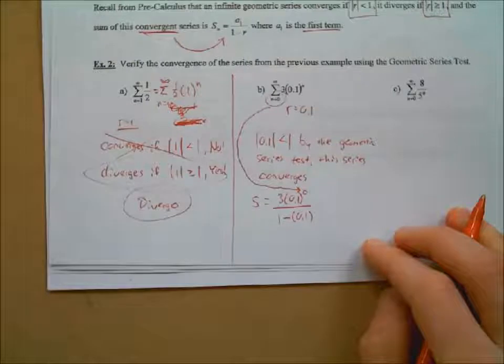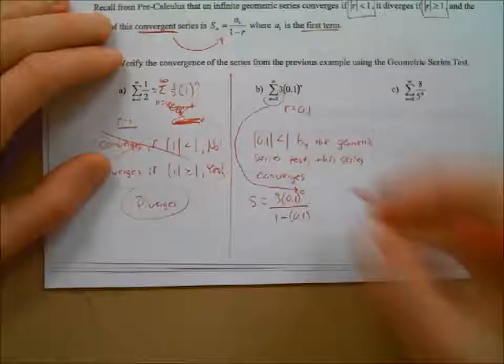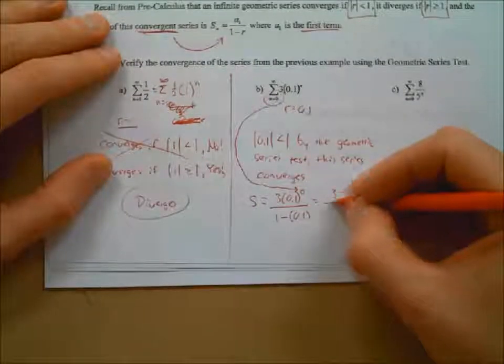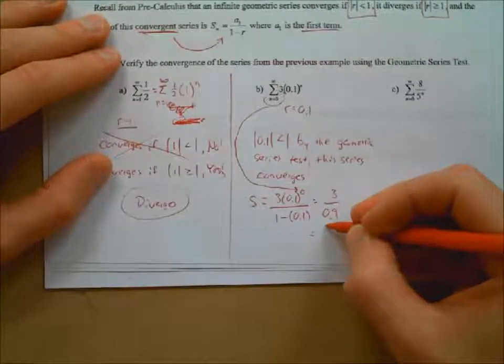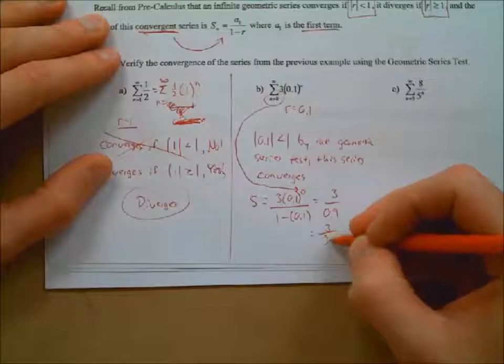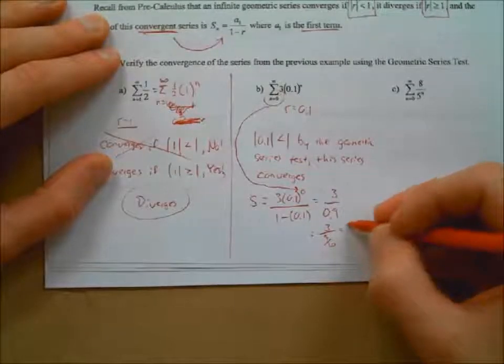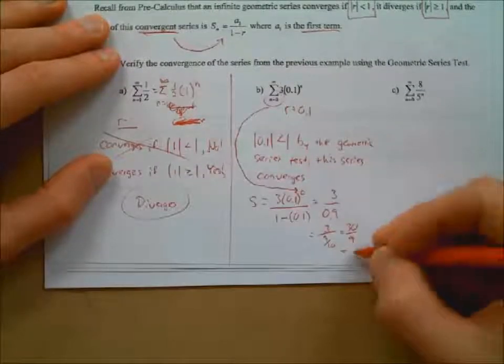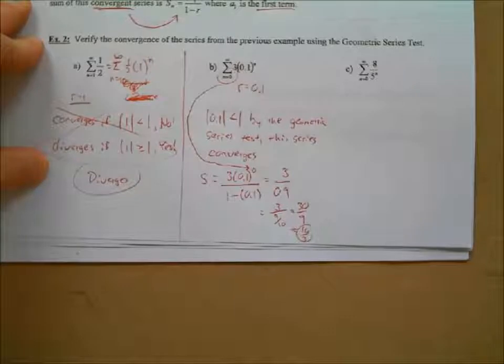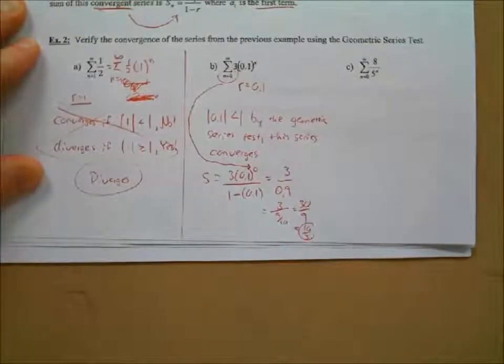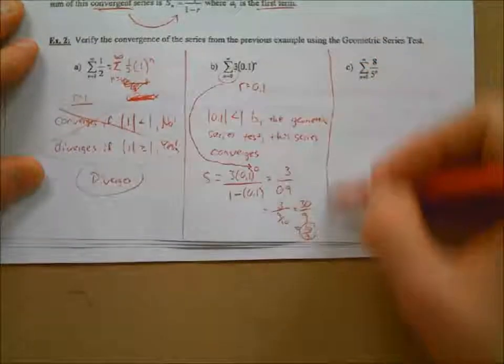So that's going to be 3 over 0.9, which is the same thing as 3 over 9/10, which is the same thing as 30 over 9 or 10 over 3, after all that simplification. Questions on any of that?